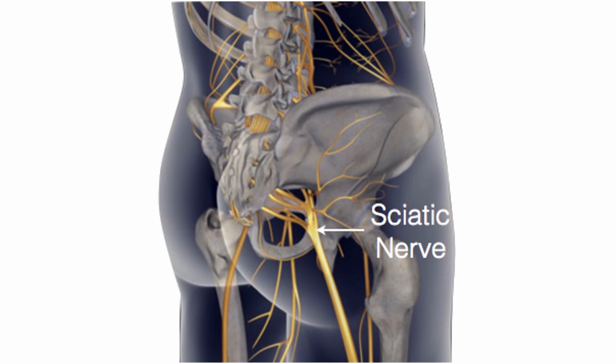This group of muscles is called hamstring muscles, and it is going to supply muscles below the knee. So it is a major nerve supply of the lower limb, and it is the largest nerve in the body.